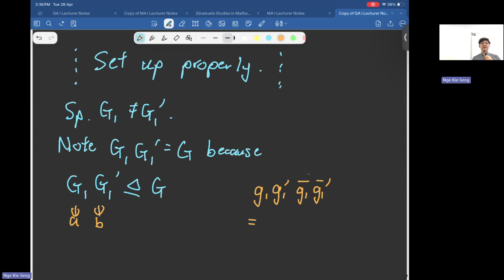I mean, you want to show group, right? You want to show closure, right? But do they commute? They don't commute. Put a G on the left, a G inverse on the right, and a G inverse in the middle.